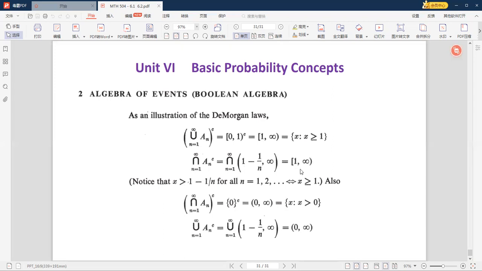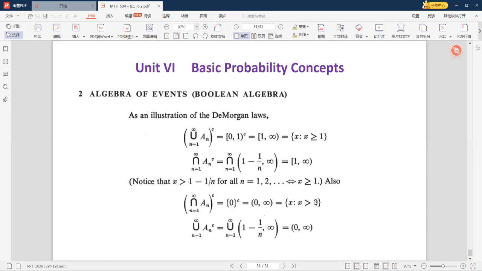But nothing outside of 1 on the left, because that's the limit of the A_n, right? So that's what it says: x greater than 1 minus 1 over n means x is greater than or equal to 1, right?